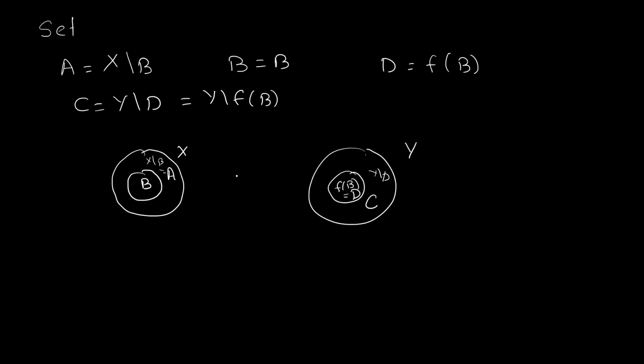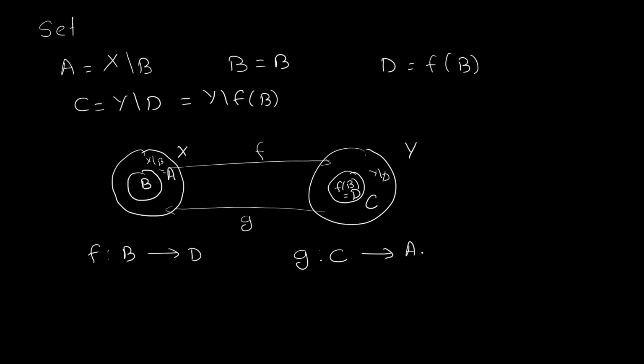So from X to Y there exists f, and from Y to X there exists g. So I can say f is from B to D and g is from C to A, and both become onto functions.